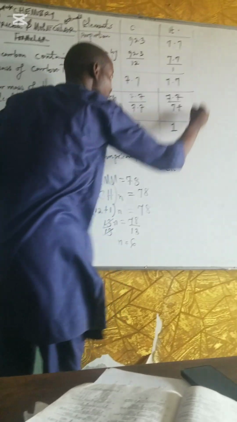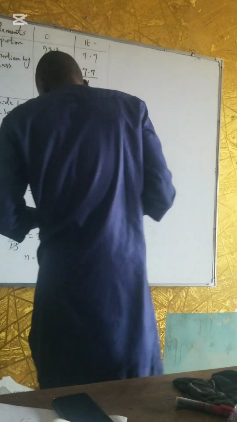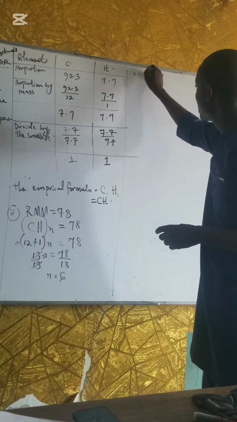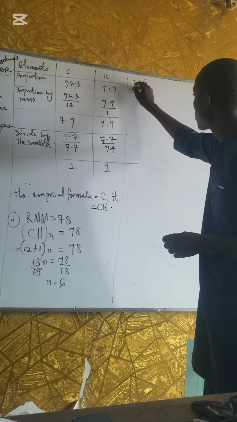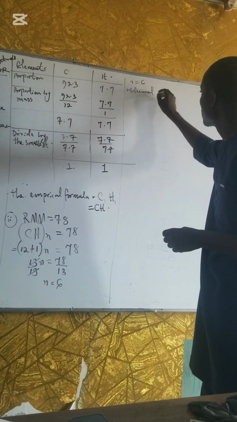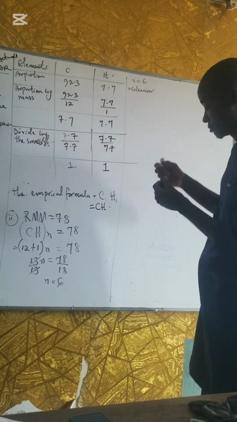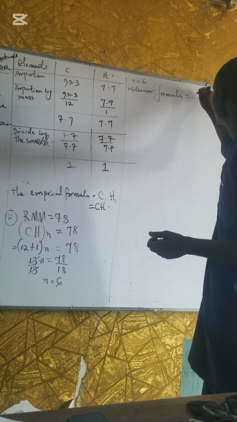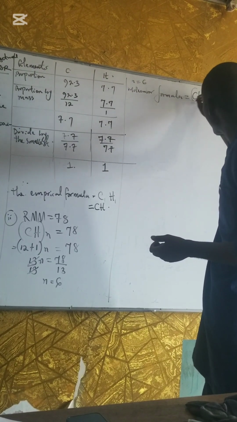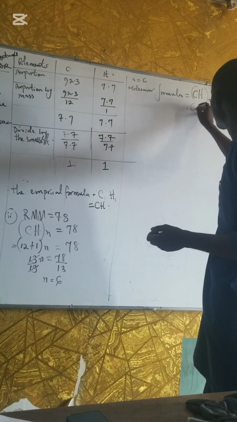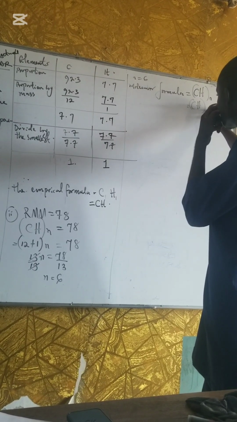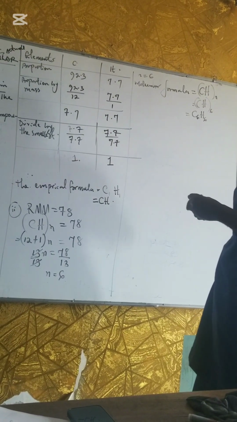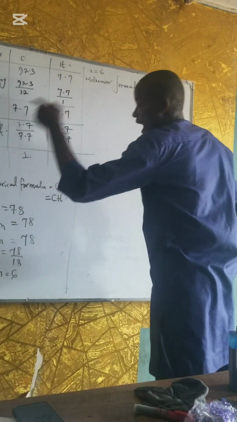So we can then conclude that N is 6, and then the molecular formula equals CH multiplied by 6, which you can say is C6H6. So this is the molecular formula of this hydrocarbon.